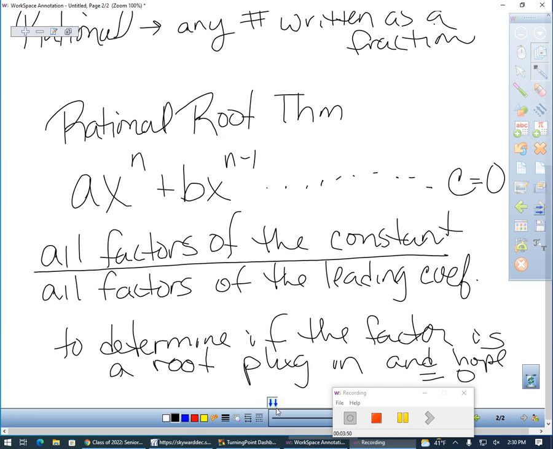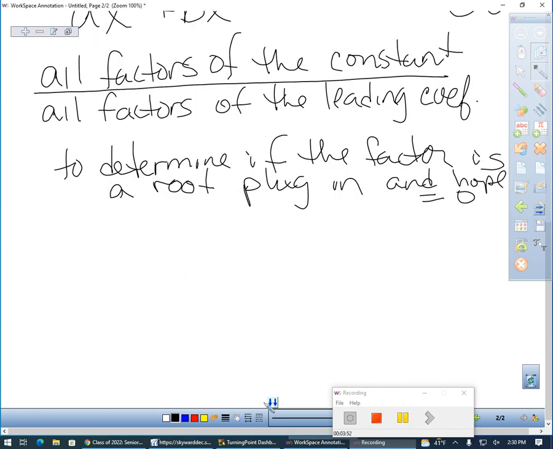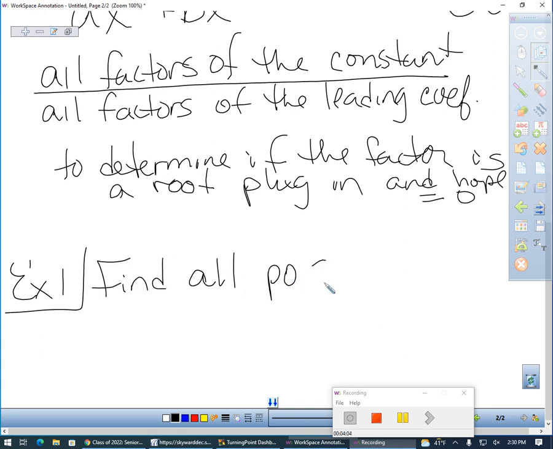So here's how this is going to work. We're going to start very, very easy to begin with. First, I want to know, example number 1. Find all possible rational roots. All right?